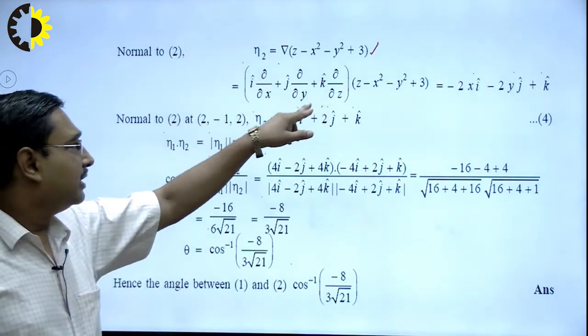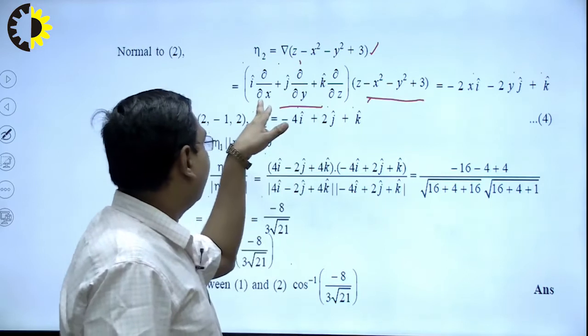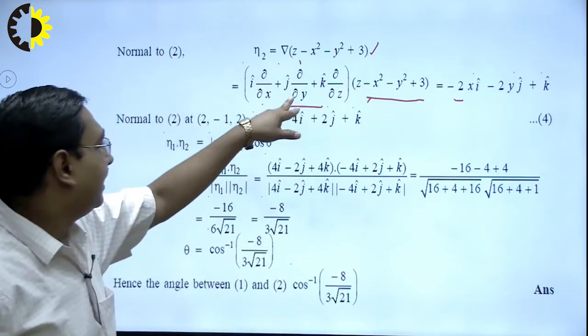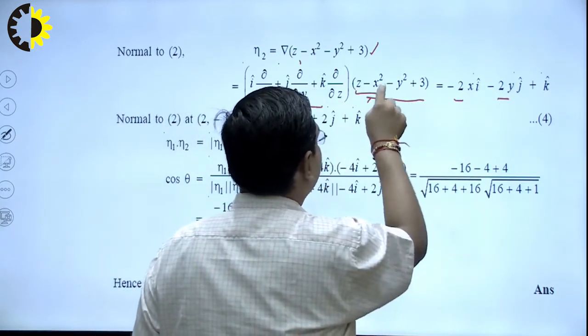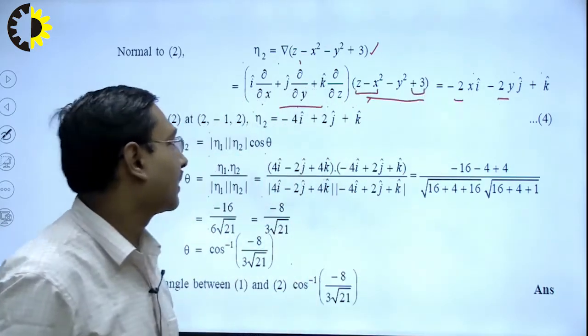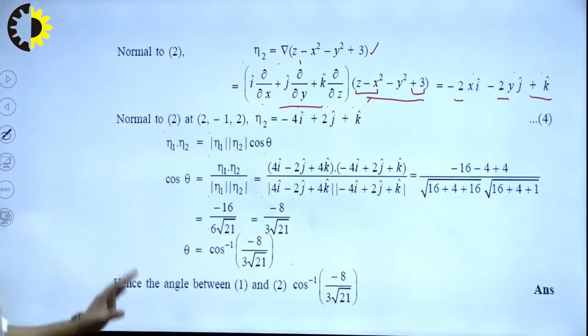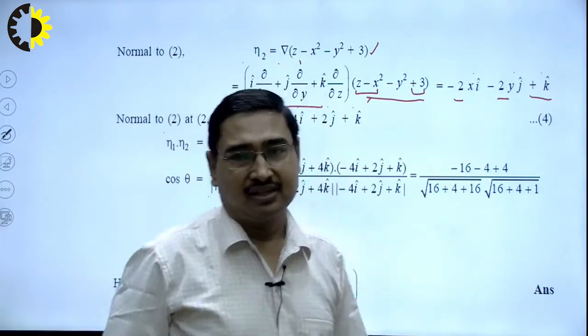Del is replaced by its expression, this term as it is. Del over del x of this term gives minus 2x. Del over del y of this term will give minus 2y, because the remaining terms become 0. Similarly, the third term gives k cap, and this is the vector normal to the second surface.